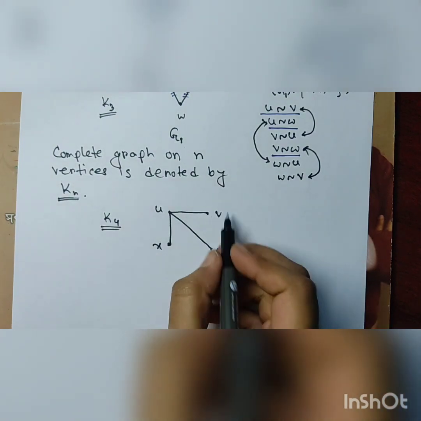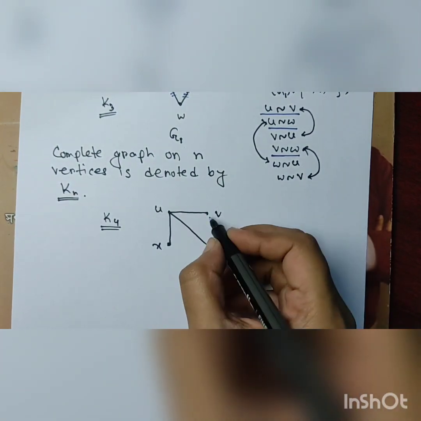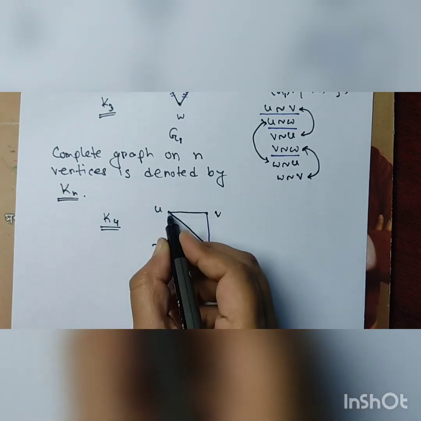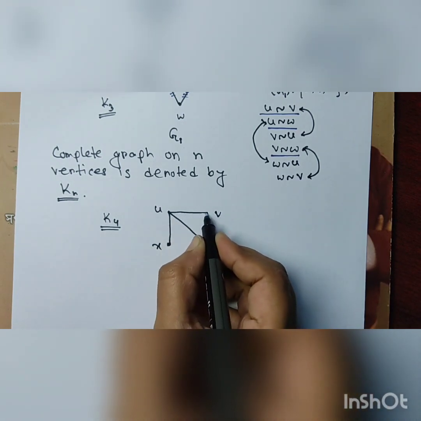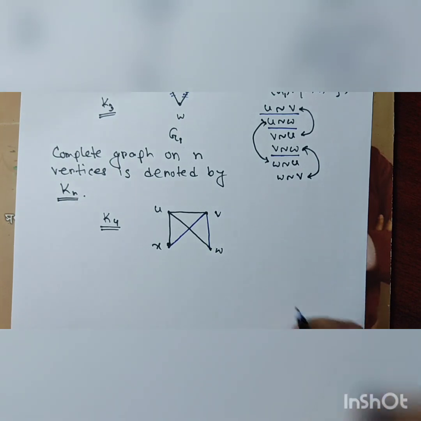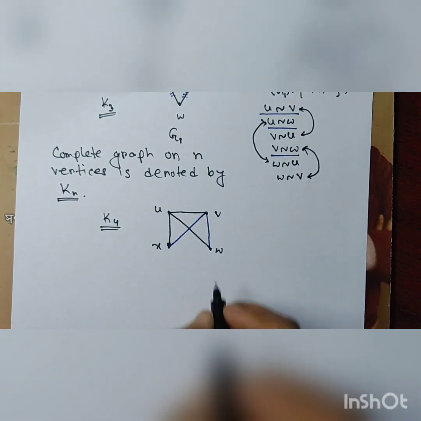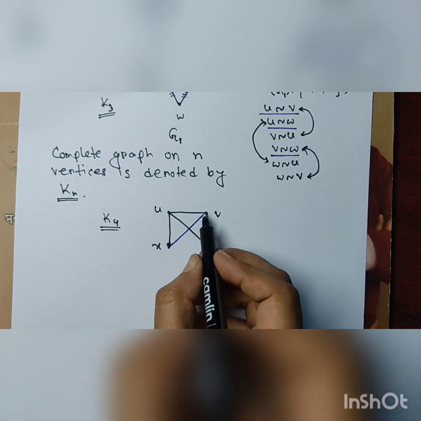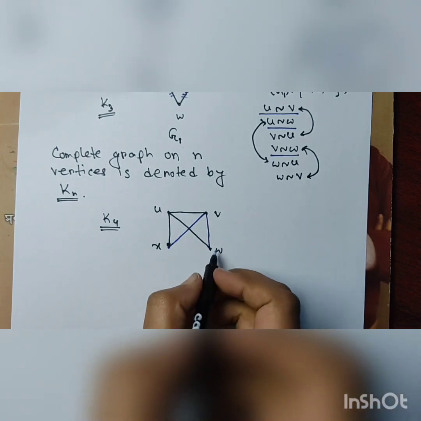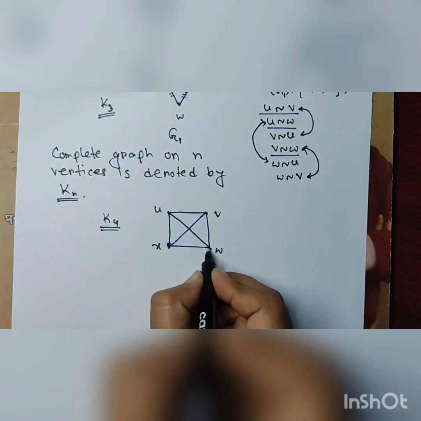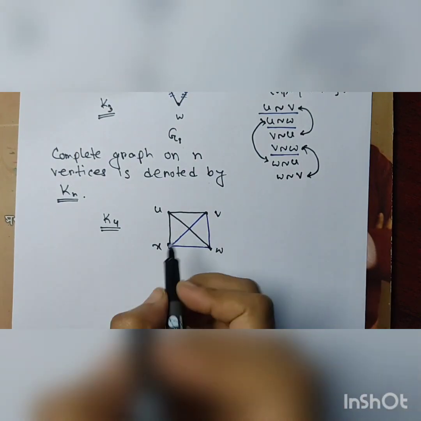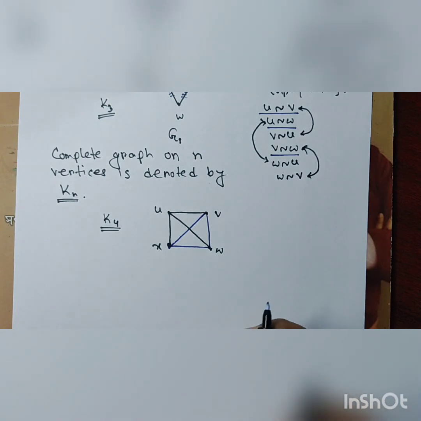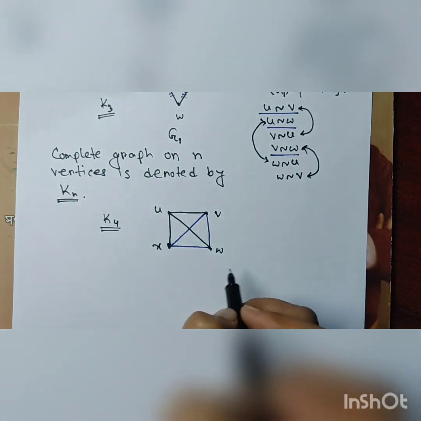Now we'll see the adjacencies of v. Here v is adjacent to w, v is already adjacent to u, and also v is adjacent to x. Now the adjacencies of w. w is already adjacent to u and v, and w is also adjacent to x. Now the adjacencies of x. x is adjacent to u, v and w. So this is the K4 graph.